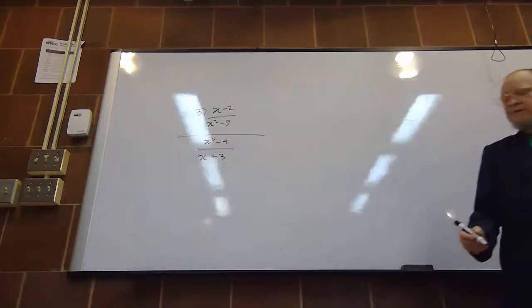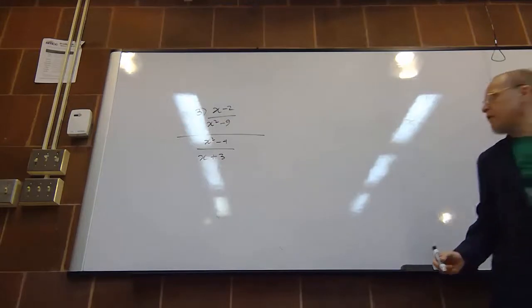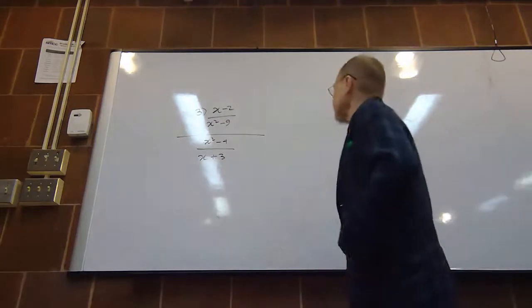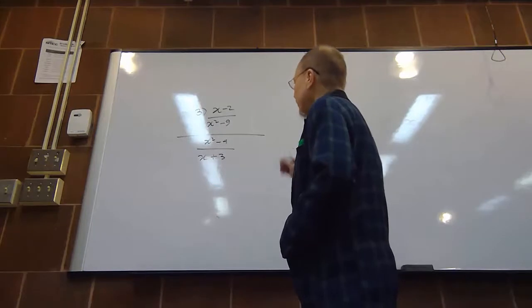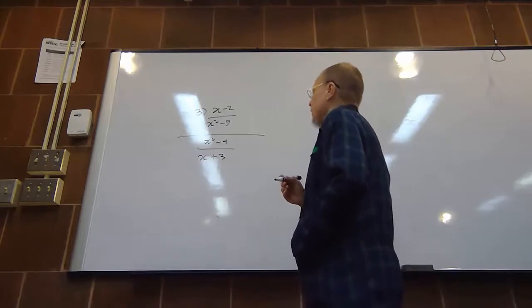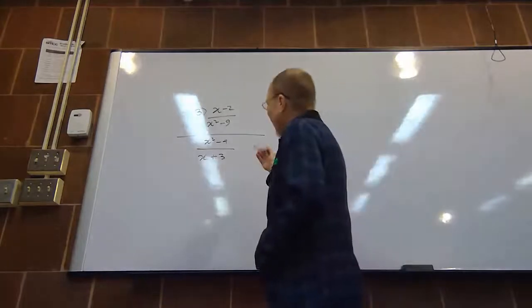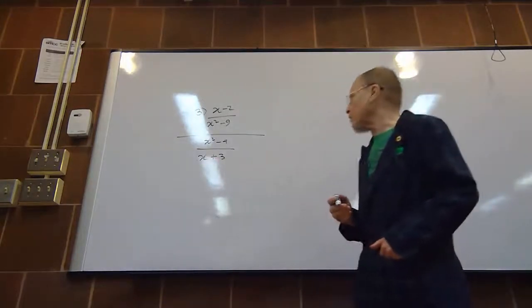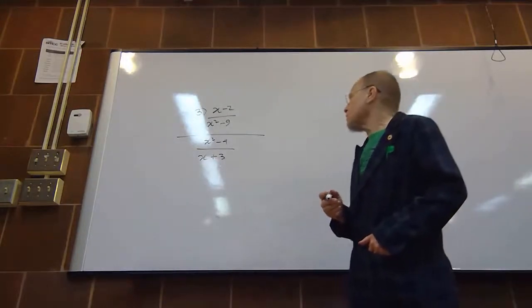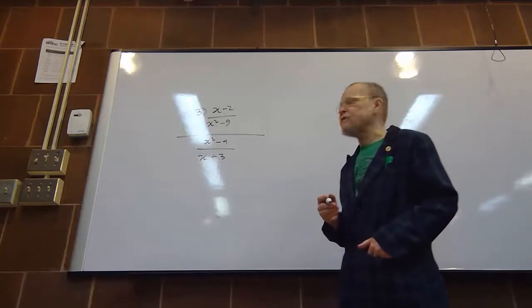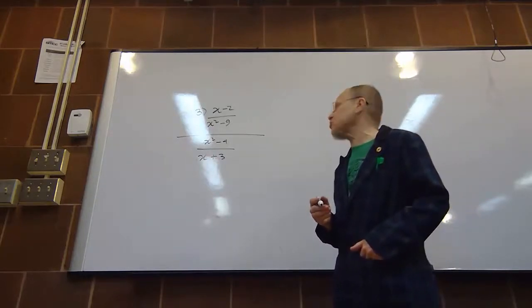So let's look at this problem and see what the best way to solve it is. Now, looking at it, the lowest common denominator, yes, we could do that, but it would seem that finding the lowest common denominator is not so simple. So what we're going to do is use the other method, the multiplication method.